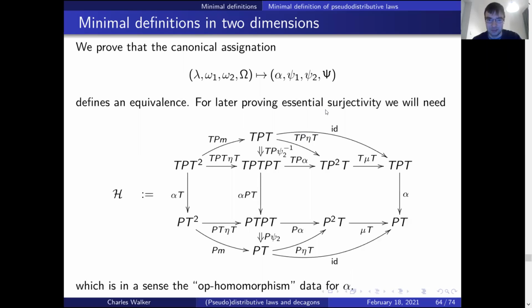And that's basically just a matter of checking a whole bunch of coherence diagrams. And the fact that this diagram pseudo-commutes means that this homomorphism axiom is satisfied, which you need to make the change of variables a bijection.